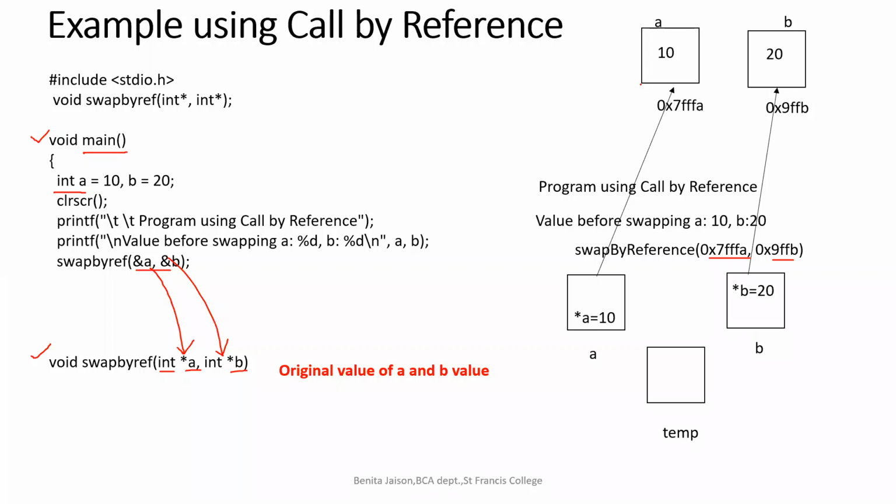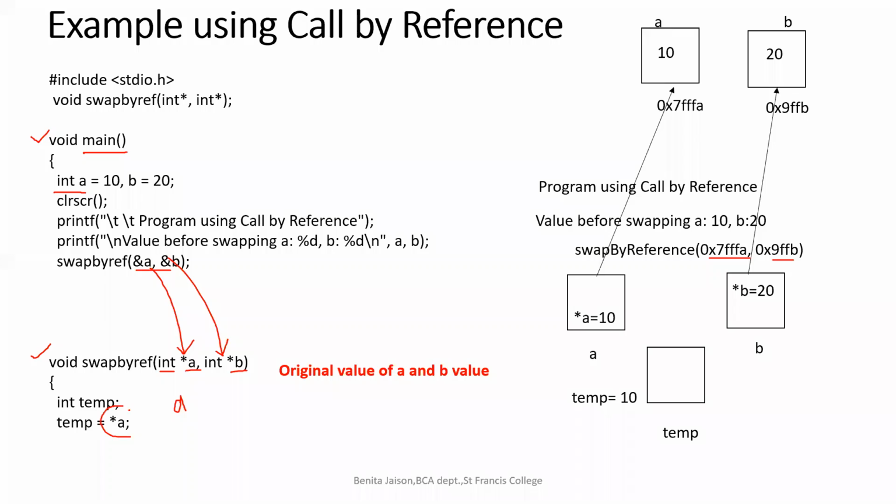So now what is happening over there? Here we will be using a variable called temp, and in temp we will be storing the value of A. How do we get the value of A? As I told, if I just use A, the address will be used.